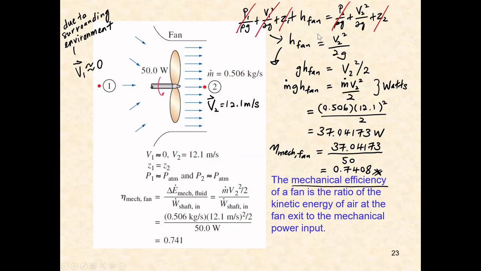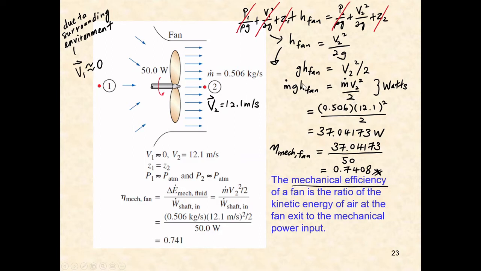So we can write an equation: H fan, the head of the fan, equals V2 squared divided by 2g. We can multiply with mass flow rate and gravity, so you get mass flow rate m dot multiplied by V2 squared divided by 2. This will be in units of watts, because m dot g h fan is given in watts.